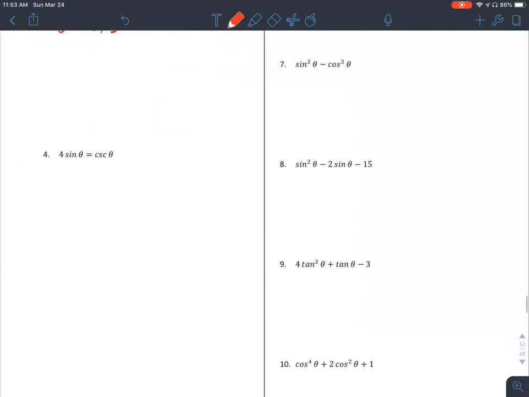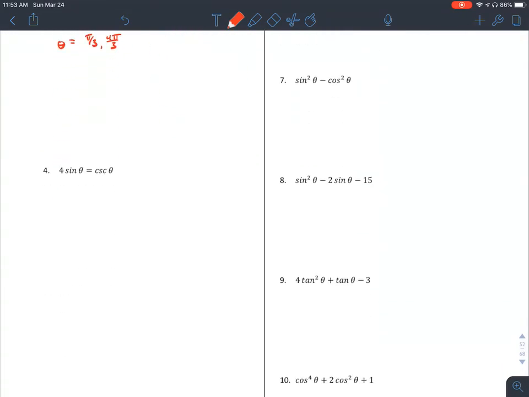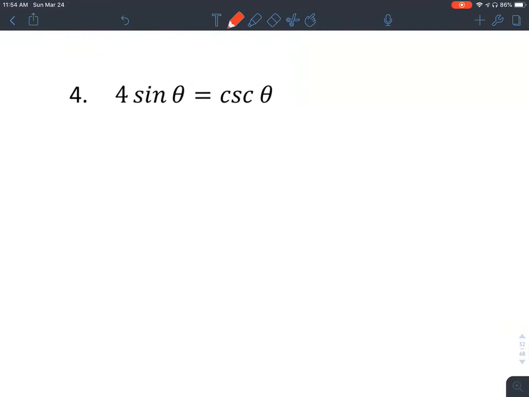All right, let's check out number 4. I'm going to choose to get cosecant of theta on the left. To do that, I'm going to multiply both sides of the equation by sine of theta.